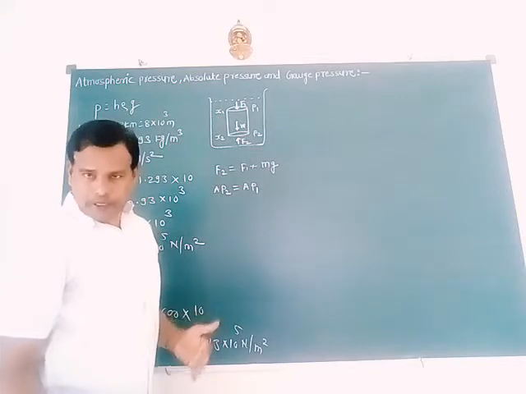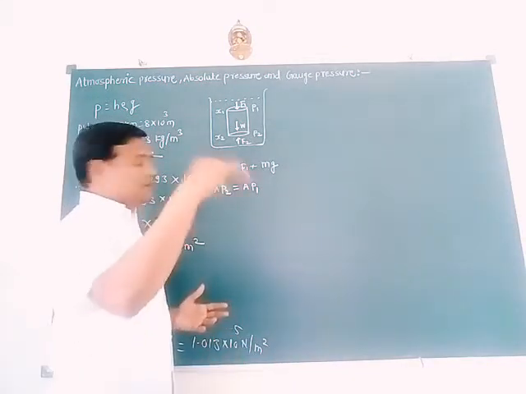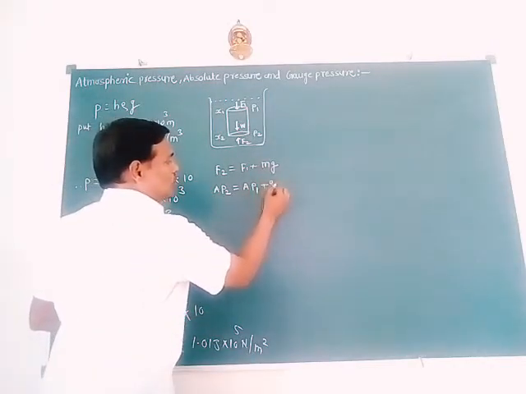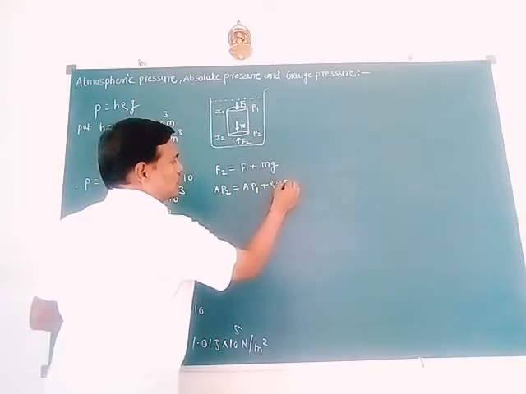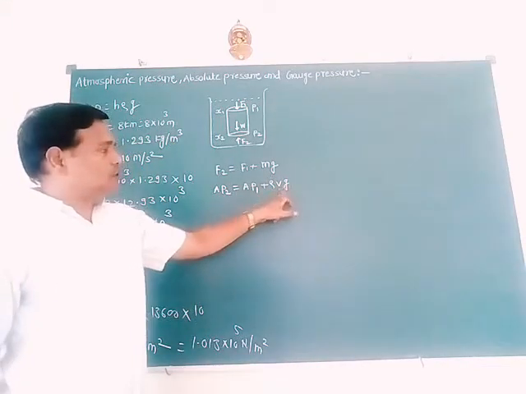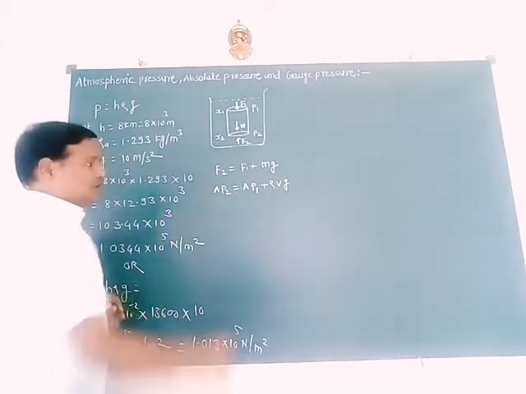P equal to F by A, so you can write F equal to P into A, plus here it is rho into V into g. Rho is density, V is volume, and g is acceleration due to gravity.